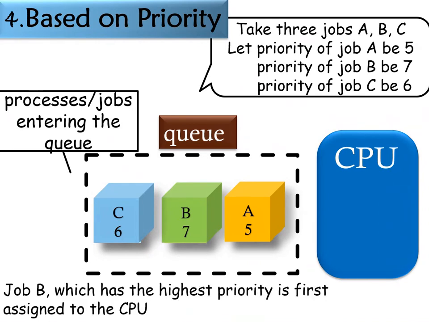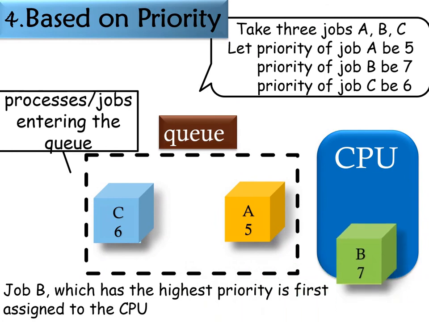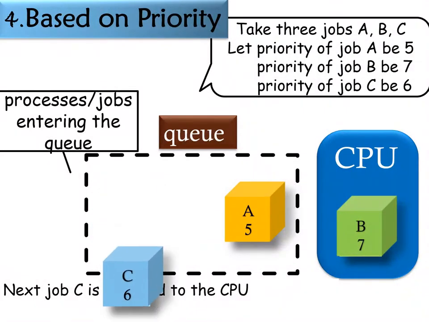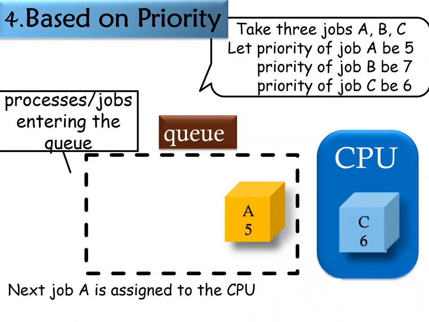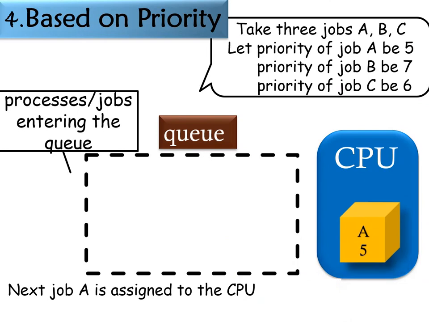Job B, which has the highest priority, is first assigned to the CPU. Next, job C is assigned to the CPU, and then job A is assigned to the CPU.